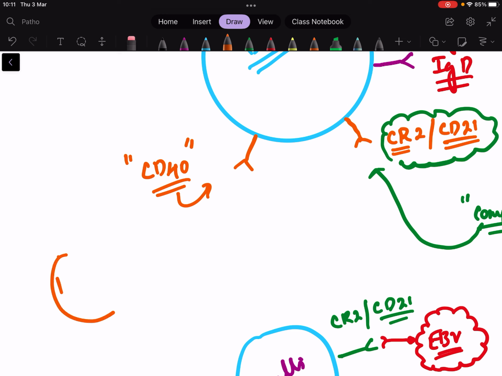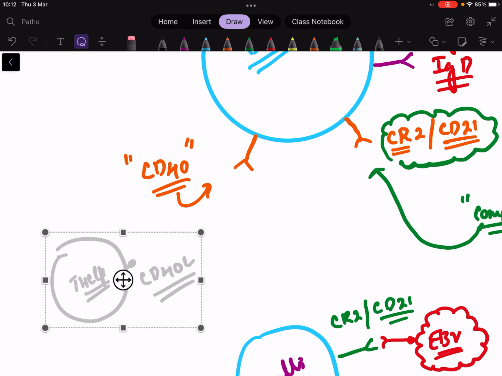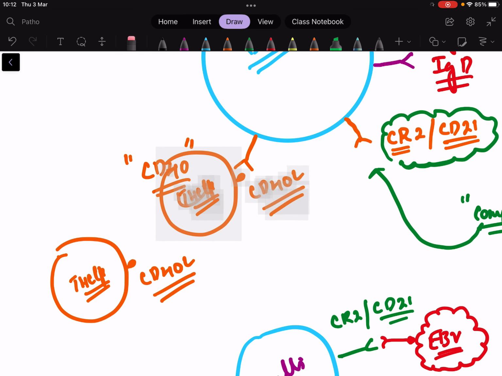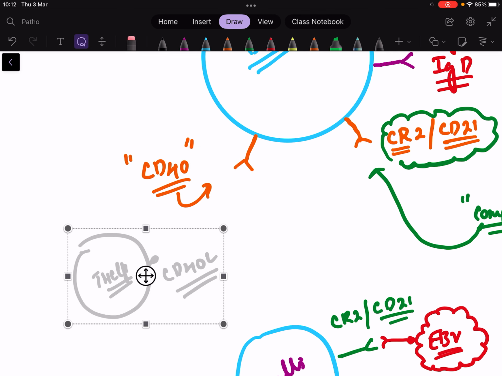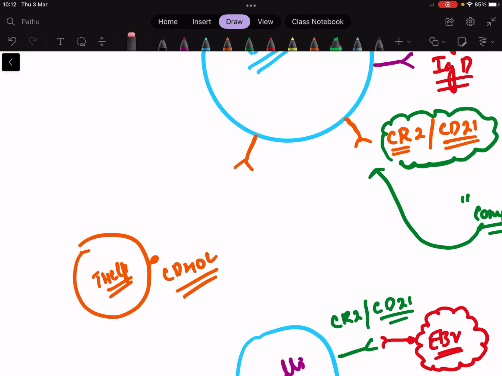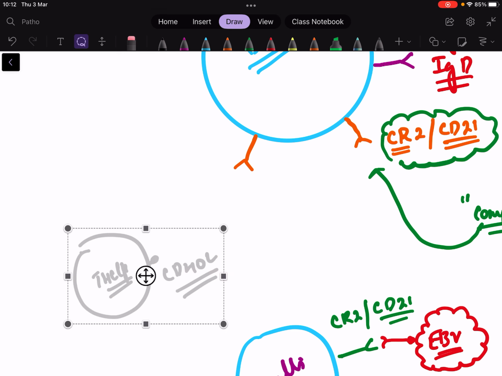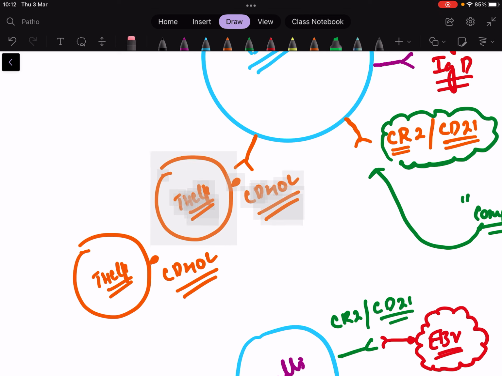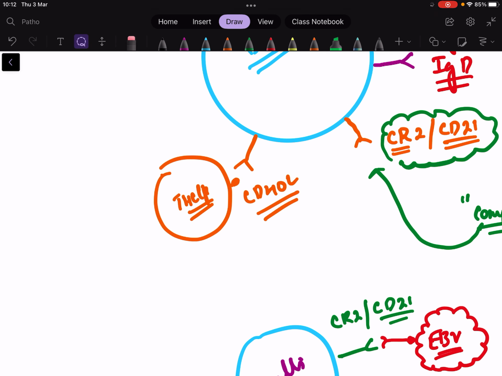Because I already told you that T helper cells have a ligand, called the CD40 ligand, and the T helper cells containing the CD40 ligand will go and bind with this CD40 receptor which is present on the B cell.